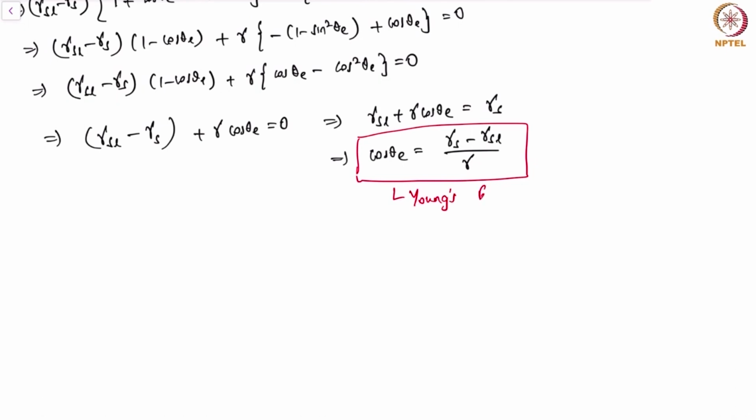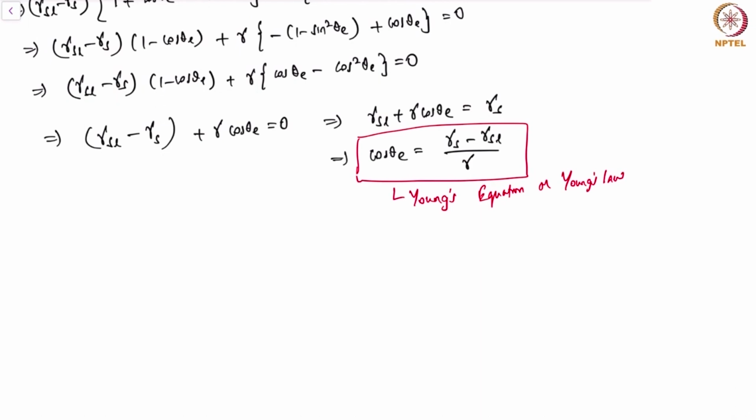This is the Young's equation or Young's law. Okay. Now this result that we've got here is valid for a much wider case than what we have just derived here. This is a very fundamental equation in capillarity.